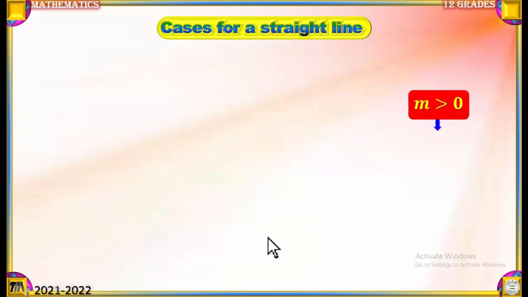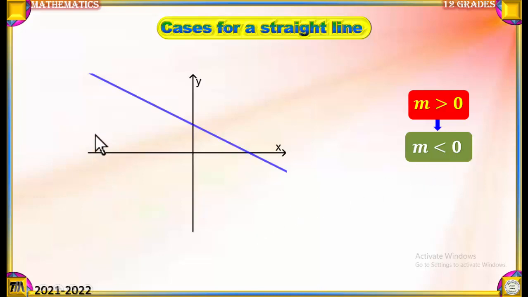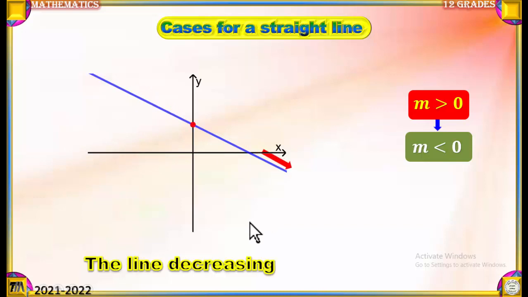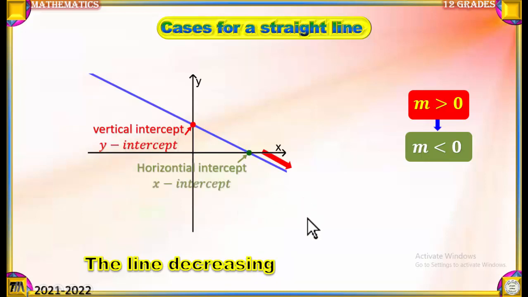The second case is when the slope of the line is negative, m is less than 0, then the line is decreasing when we are moving from left to the right. It has two intercepts, vertical intercept and horizontal intercept.